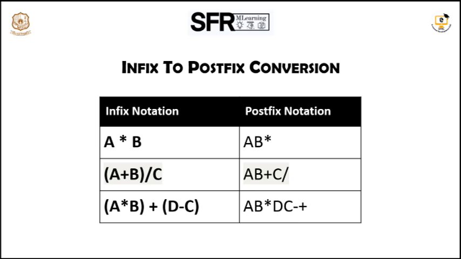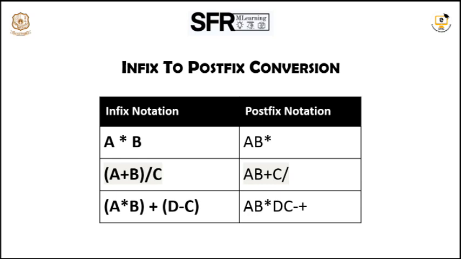In the left column the infix notation is placed and in the right column the postfix notation is placed. For example, if my expression is a * b, in postfix notation it will be written as ab*. That is, in postfix notation first the operands must be placed, after that the operator. And another point is that in postfix notation there should not be any parentheses.